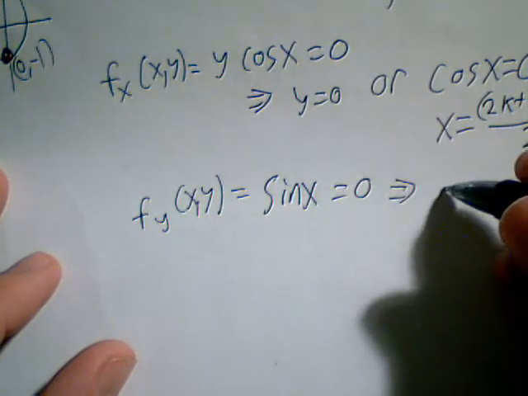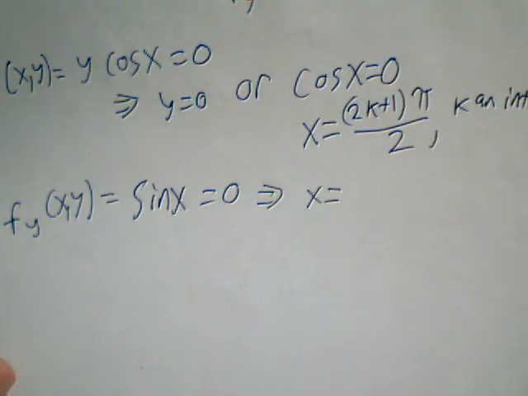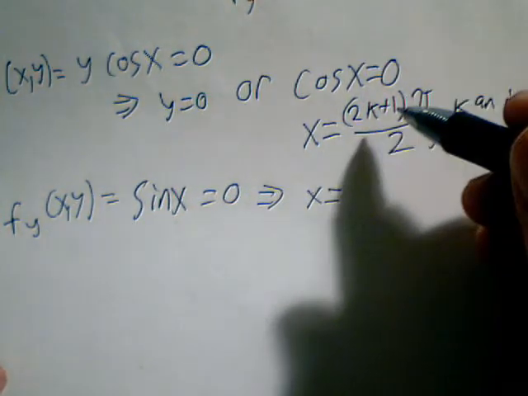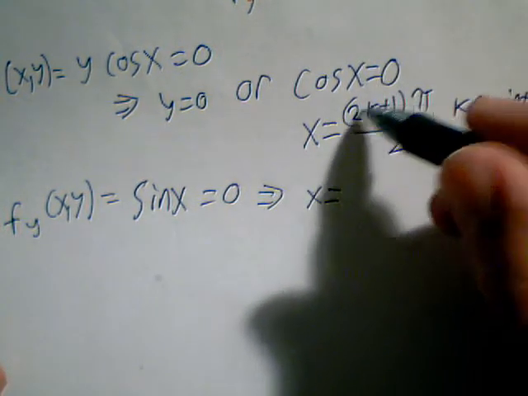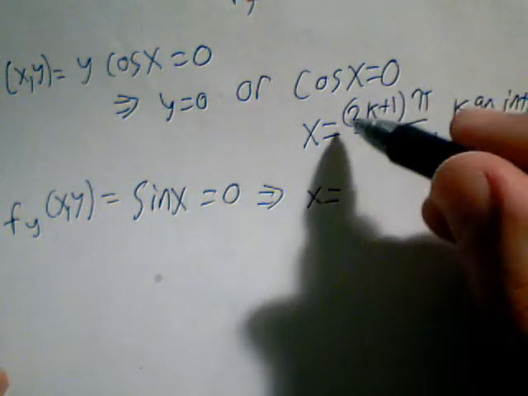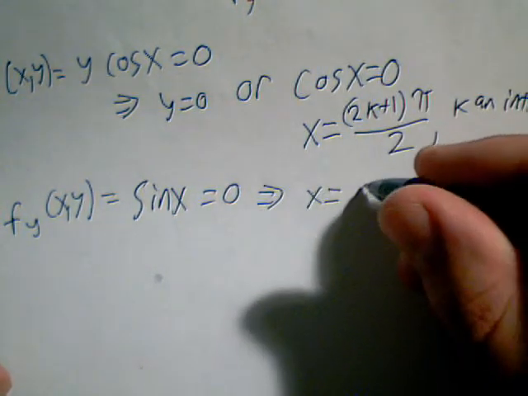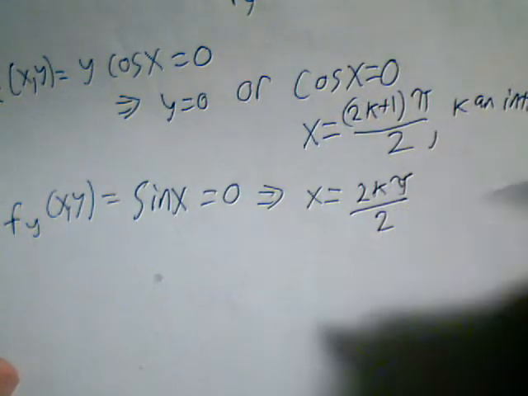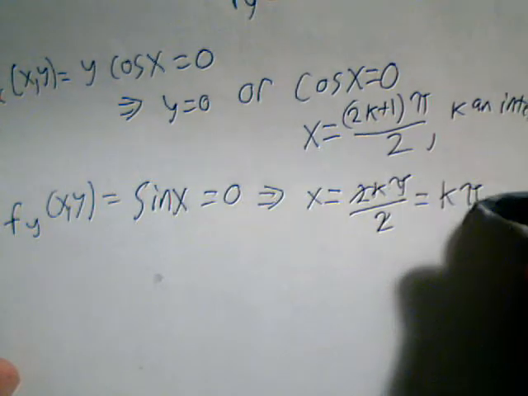This tells me that x is equal to, well, cosine x is equal to 0 anytime that this number is odd. Sine is equal to 0 whenever that number is even. So we just do 2k pi over 2, which is actually just going to be k pi.